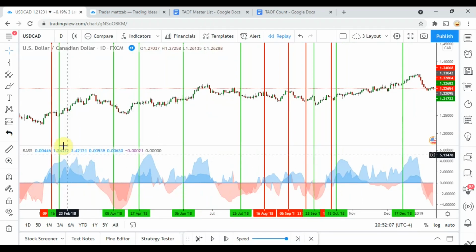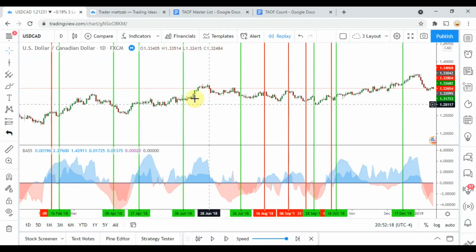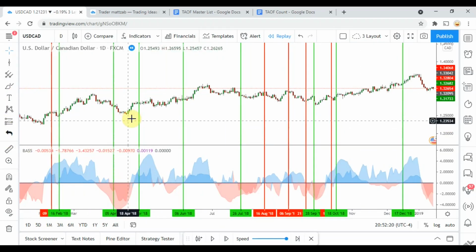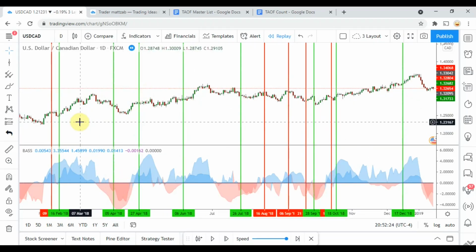So we have 1, 2, 3, 4, 5, 6, 7, 8, 9, 10, 11, 12, 13 trading signals all together, and we have 1, 2, 3, 4, 5, 6, 7, and 8 winning trades. And so it is going to meet the 60% criteria, just edged right over that criteria there.